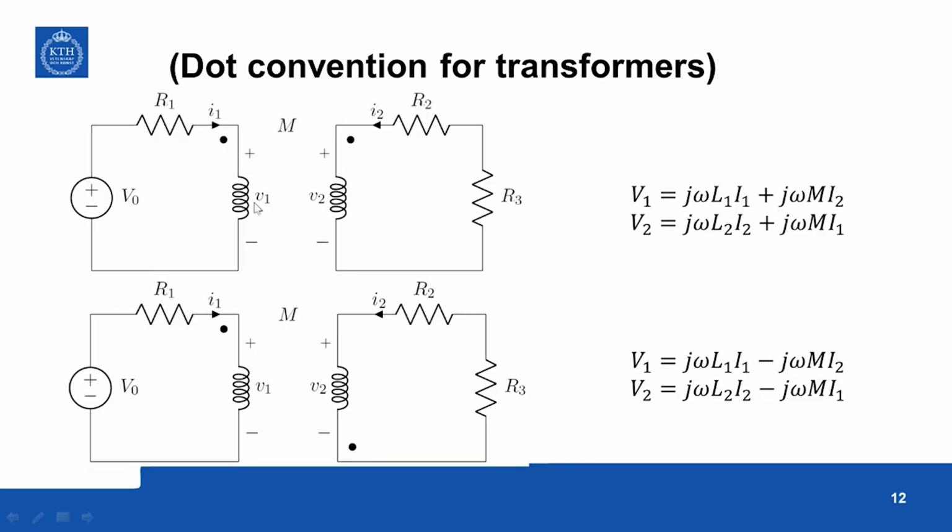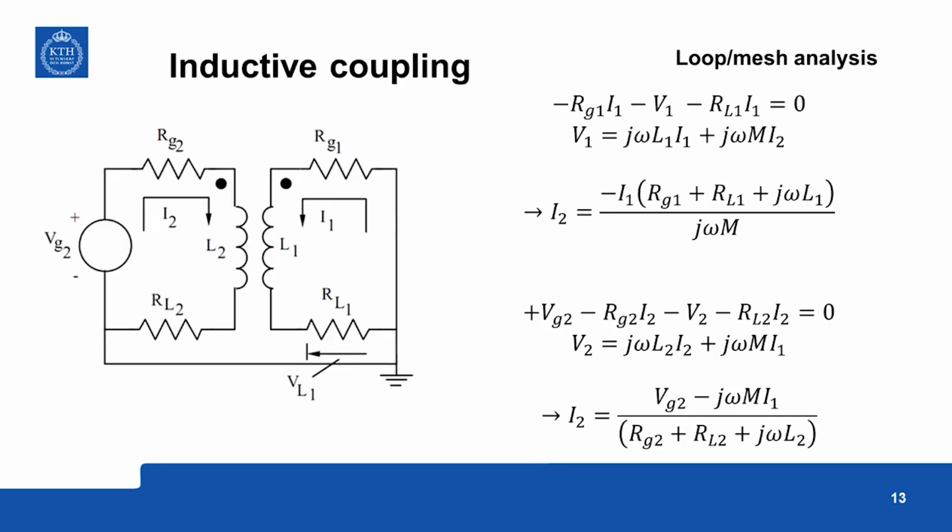Now you can have it in the opposite way, where the current is entering but the dot is over here. Then you have the mutual inductance voltage as negative. Now with this in mind, we adopt this dot convention where j omega M comes as positive.